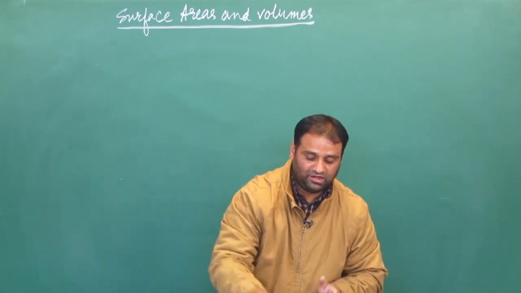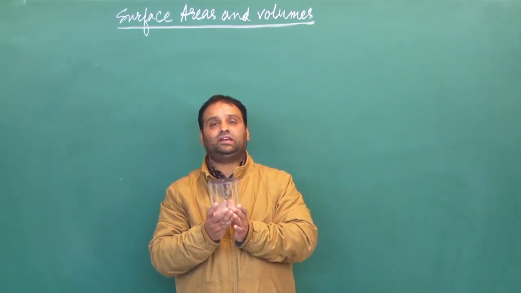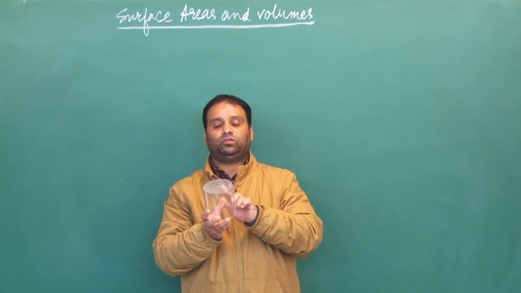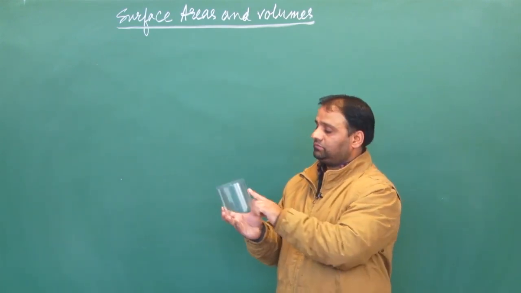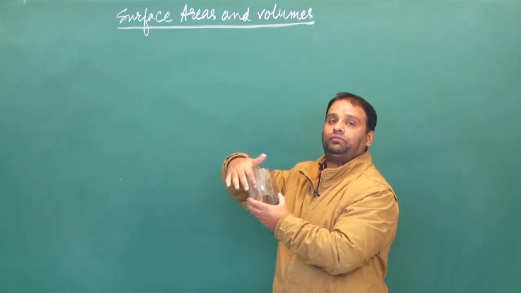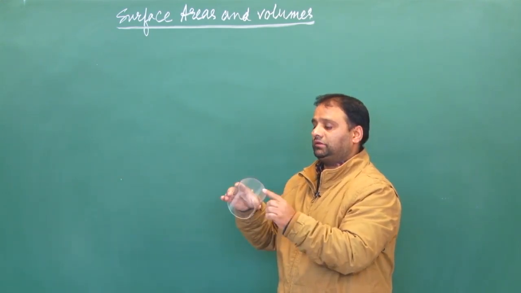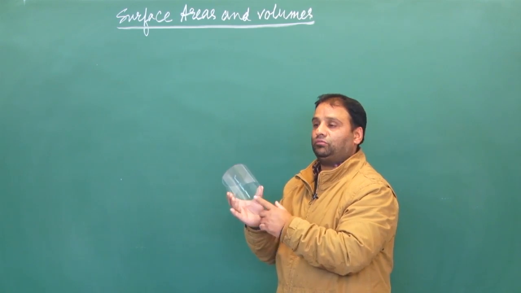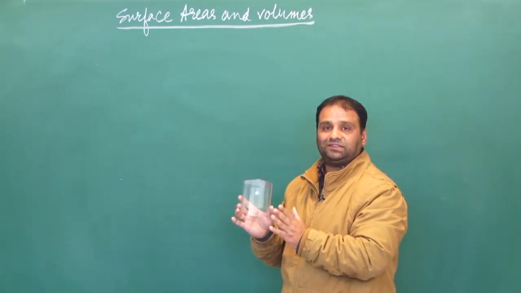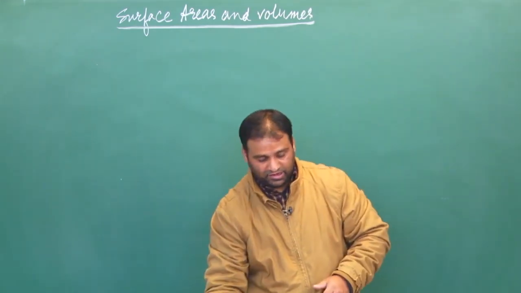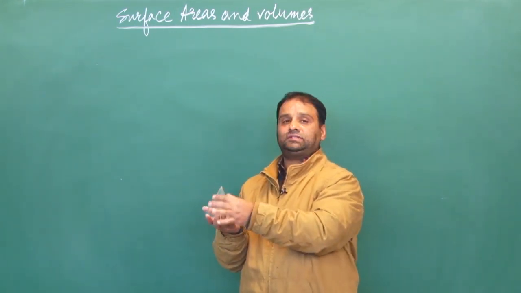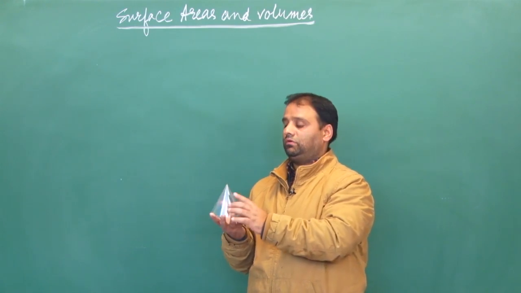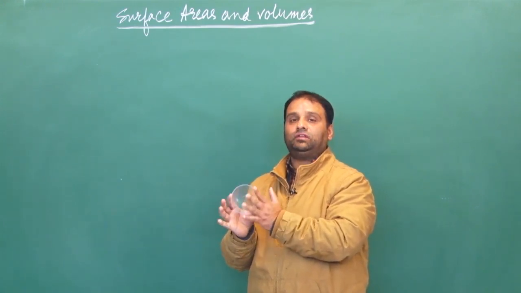And the next one is the cylinder. It has 3 faces. One is the curved face of the cylinder, and the other two are the circular faces, the top and the bottom. So this is the cylinder. And next we have the cone, which has a triangular face if you see from one view, and a circular base.